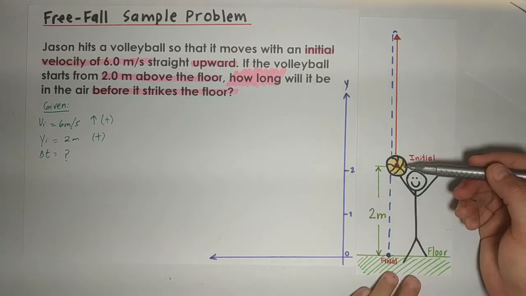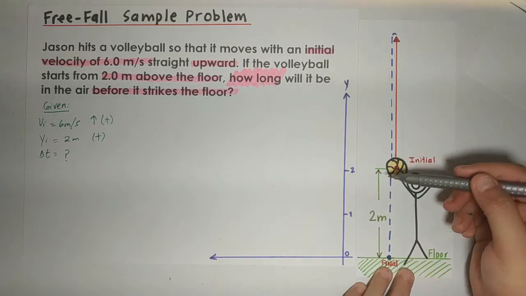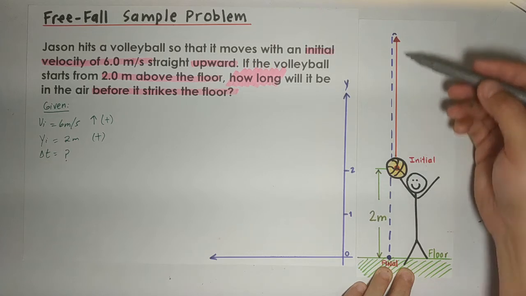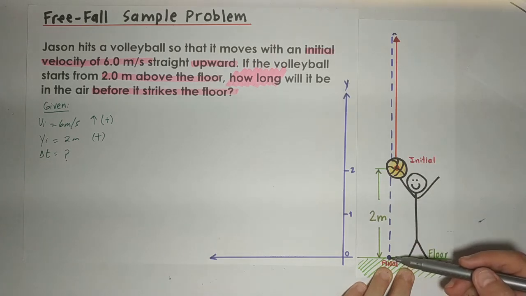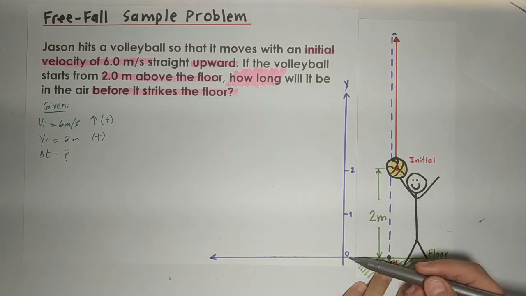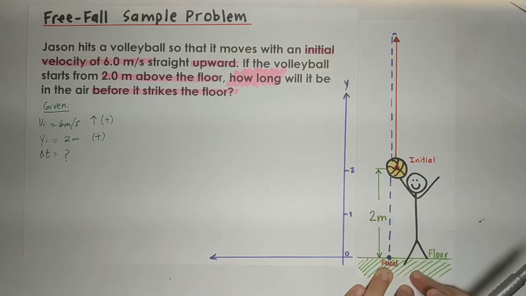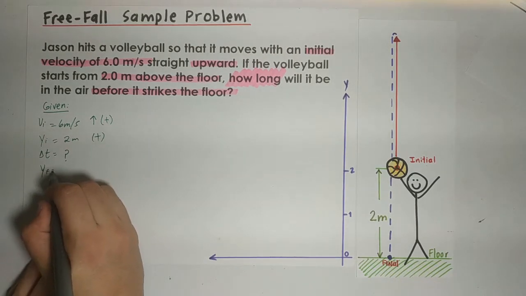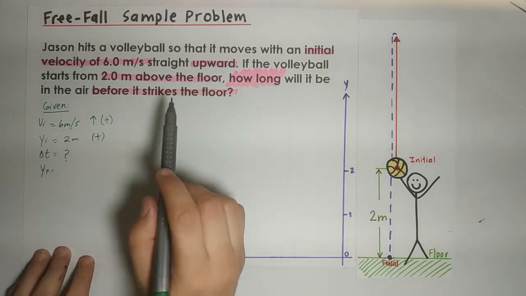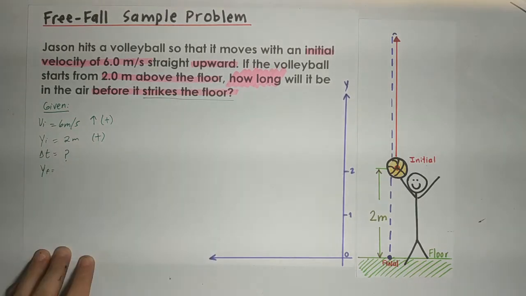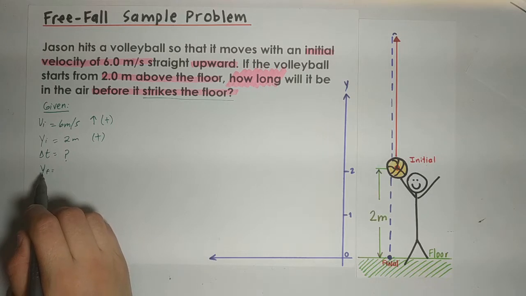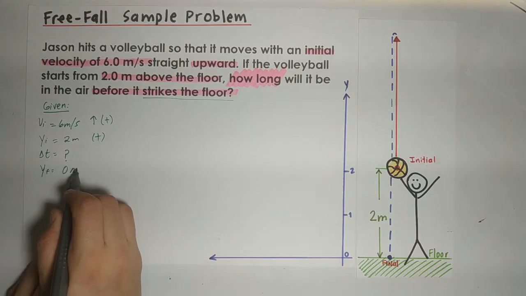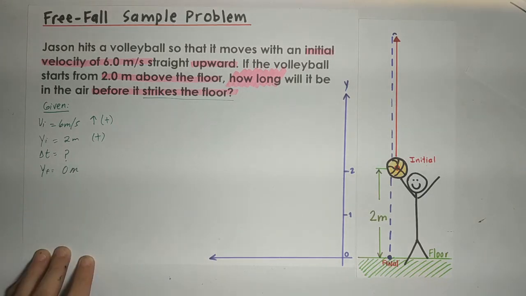So initially it was at 2 meters, so plus 2. But the final position of the ball is here in the floor, where the position is 0. So my y final, even if it's not mentioned, but it just said that it strikes the floor, is 0 meters.